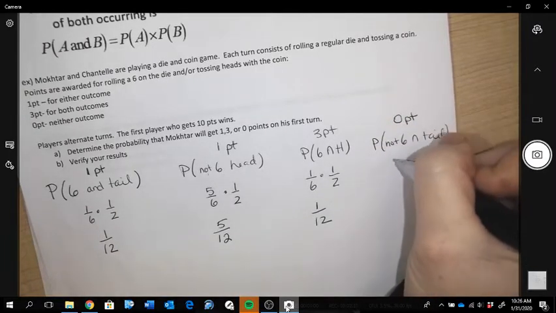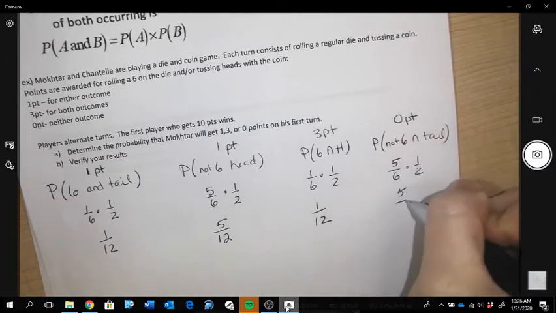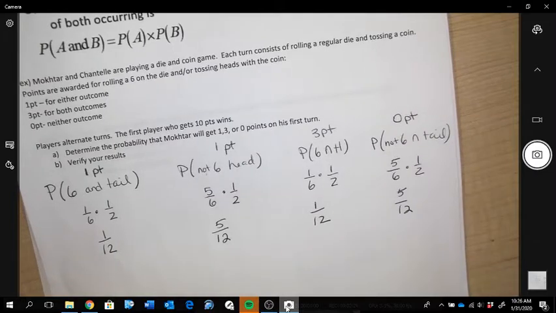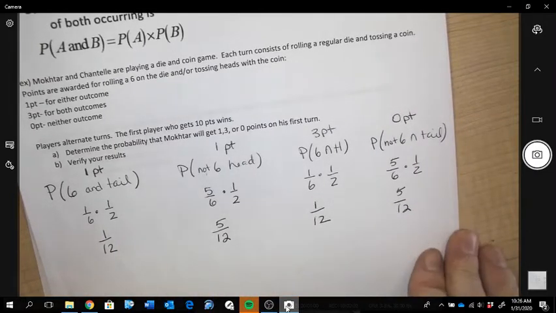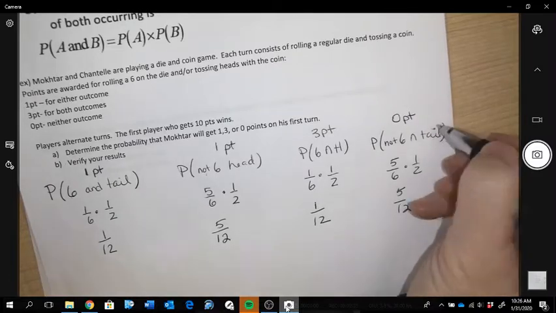And the probability of not getting a 6 and a tail is 5/12. Those are all the situations, and if I add them all up, that totals 1, right? Because that's all the possible combinations.